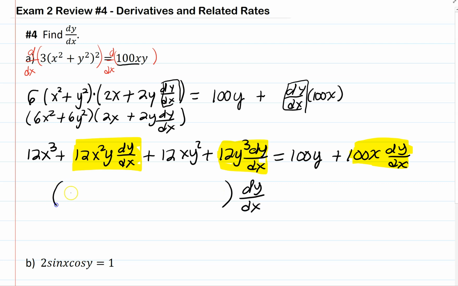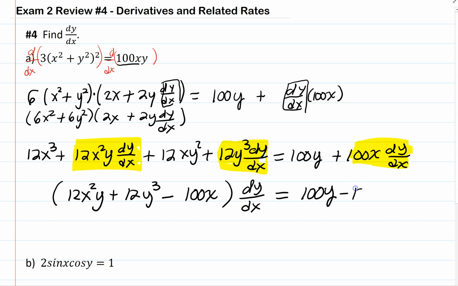I will have 12x squared y plus 12y to the third, and then if I subtract 100x dy dx over and factor out the dy dx, I will have minus 100x there, is equal to 100y minus 12x to the third minus 12xy squared.